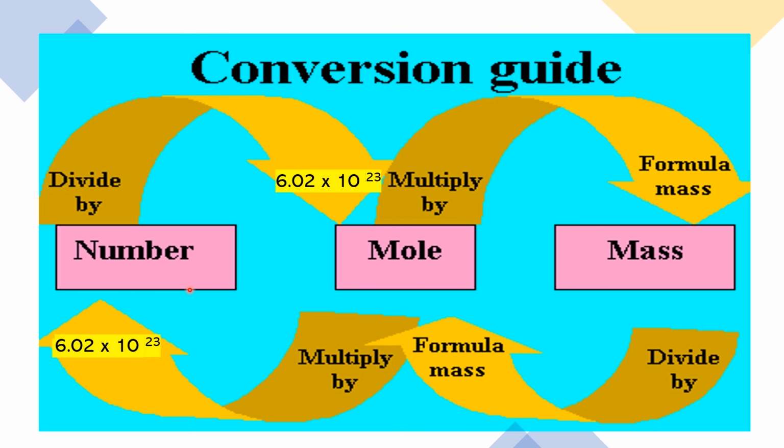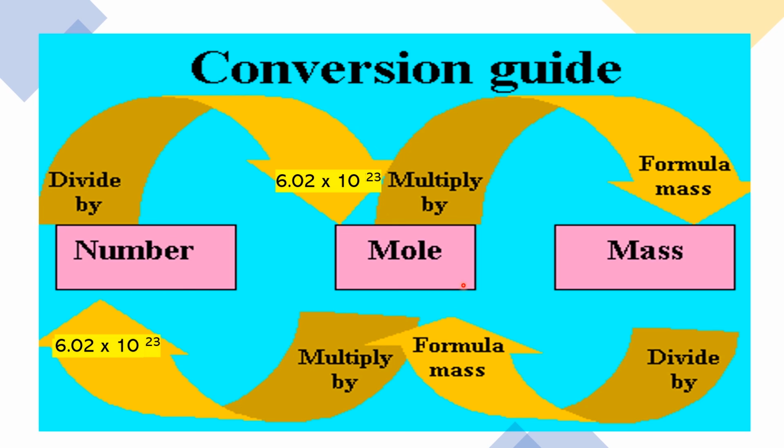Here's a simple conversion guide for you to follow. So remember, if you want to convert number of atoms or molecules to moles, you just need to divide it by 6.02 times 10 raised to the 23rd power. And from the number of moles going to the number of particles or atoms, you need to multiply it by 6.02 times 10 raised to the 23rd power.